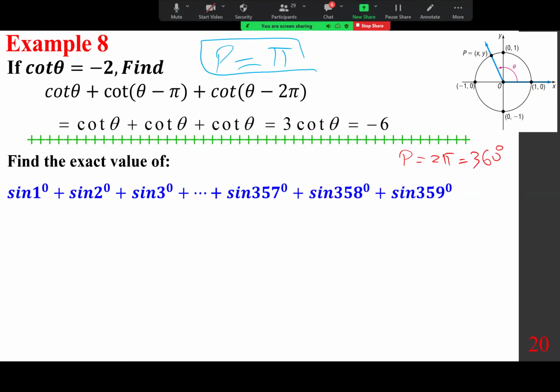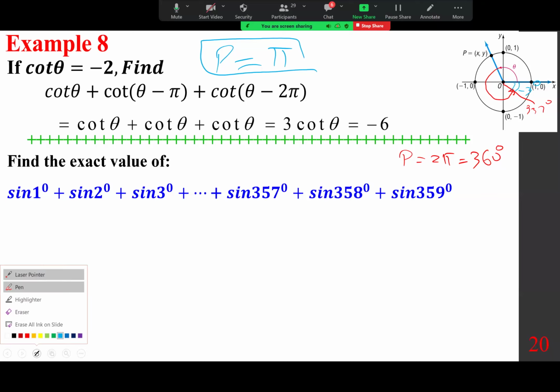So if we go, just for the sake of argument, here, this is not to scale, and we stop at 357 degrees positive, this would be minus 3 degrees.